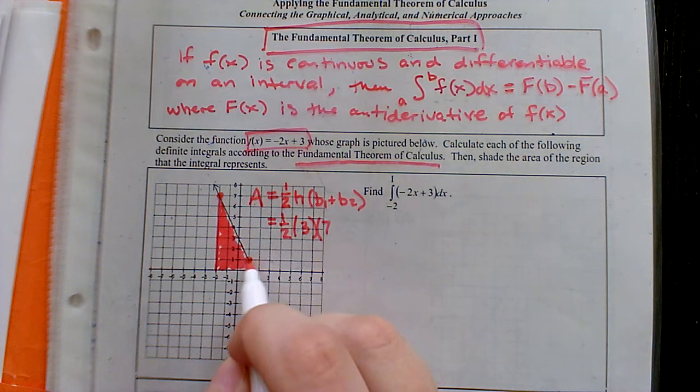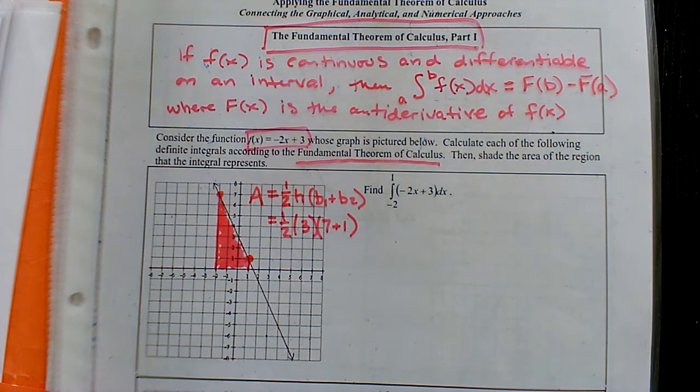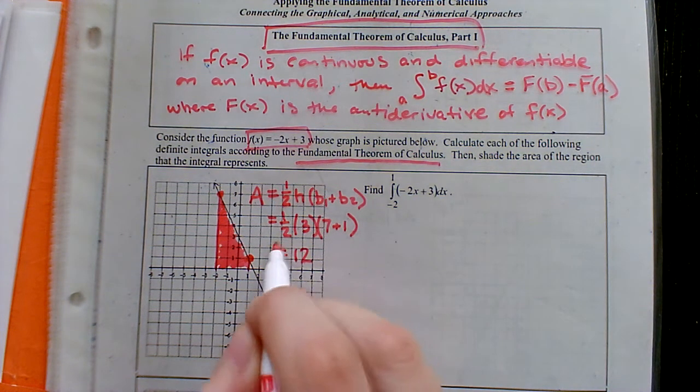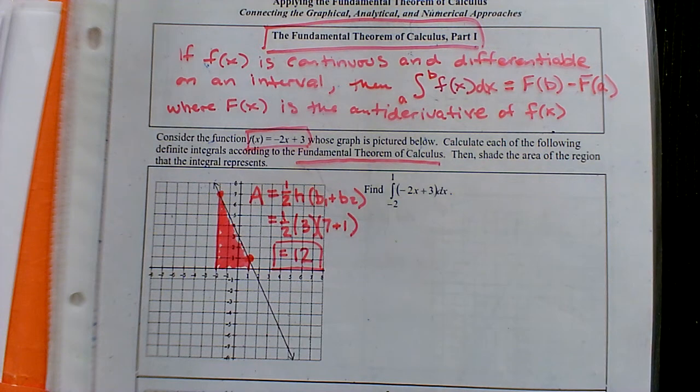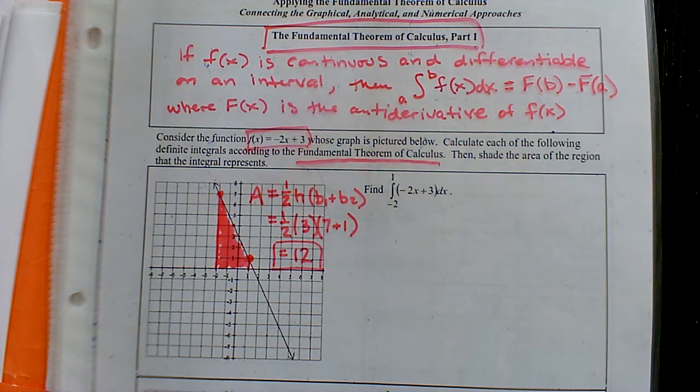On the right-hand side, it has a height of 1. So that'll be our base 2. So 1/2 times 3 times 8 looks like we get 12. So we know the area is exactly 12 just by using some geometric formula, but let's see if we can get the same thing using calculus.